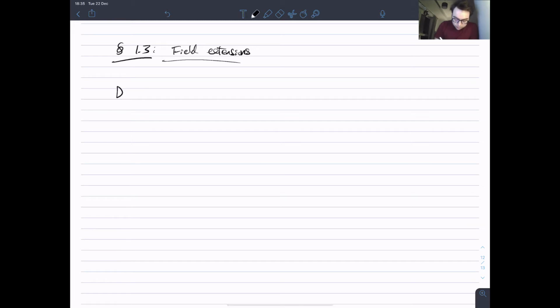And as usual, we start with a definition. Definition 1.3.1.